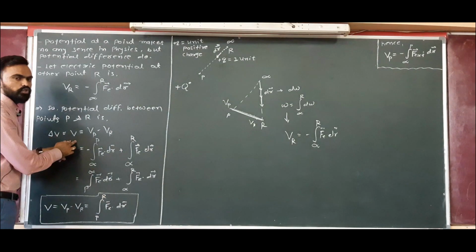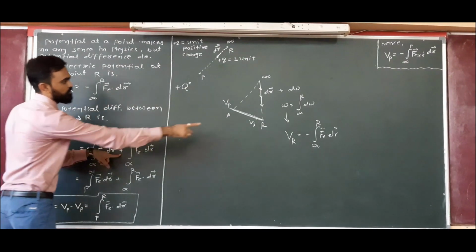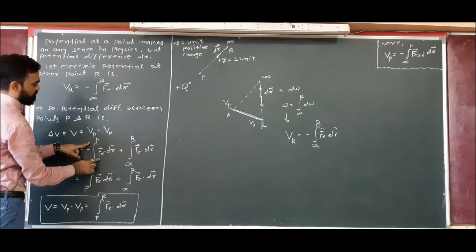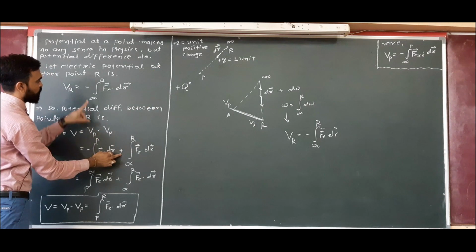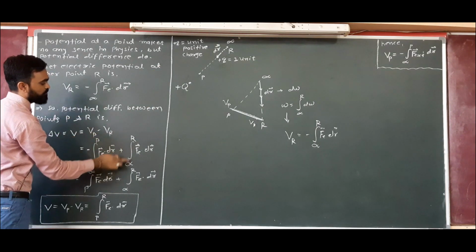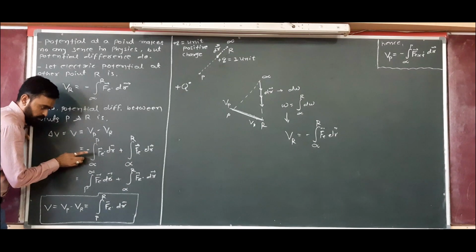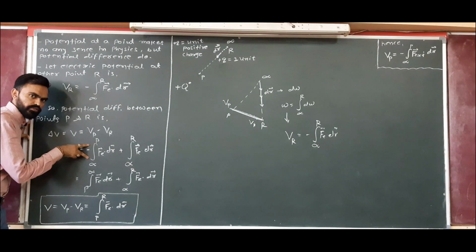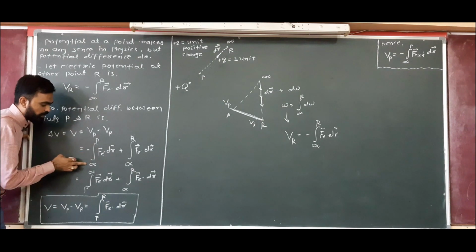Delta V is equal to Vp, which is this value, integration f into dr, minus Vr, which is this value, integration f into dr mentioned here. Take a subtraction of both. Minus integration f into dr where we had finished, into plus. Why plus here? Because this is negative, negative negative is positive, integration infinite to r f into dr, right? Now I want to remove this negative sign, so I will switch the limits of integration: integration infinite to p becomes integration p to infinite.